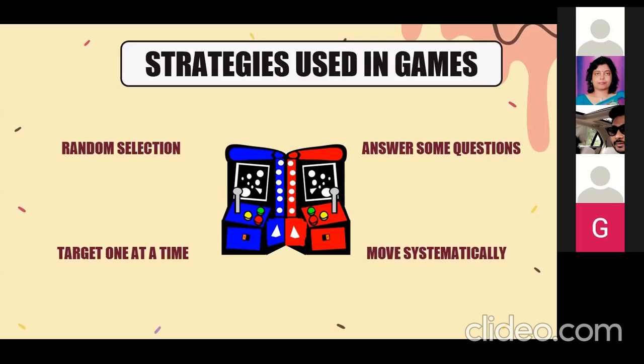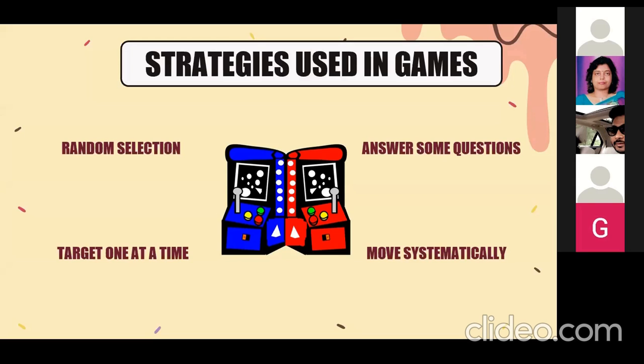I can use this. And then, when I'm talking about moving systematically, this strategy can also be incorporated when I'm writing. For example, I am involved in the act of writing a proposal, or writing a report, or whatever writing activity.